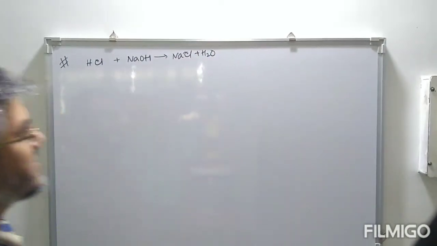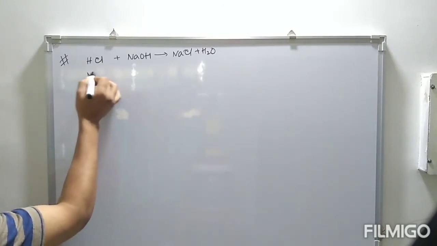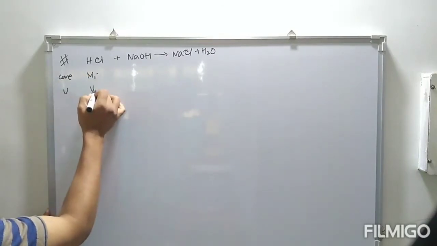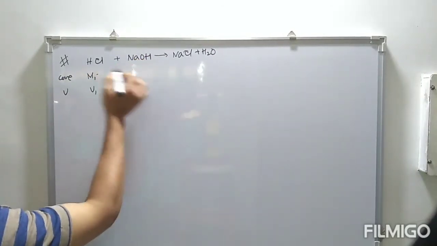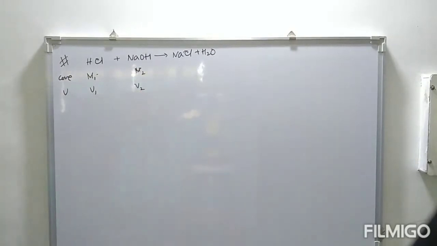So let's take this case. Acid concentration is M1, volume V1, sodium hydroxide concentration M2, volume V2.